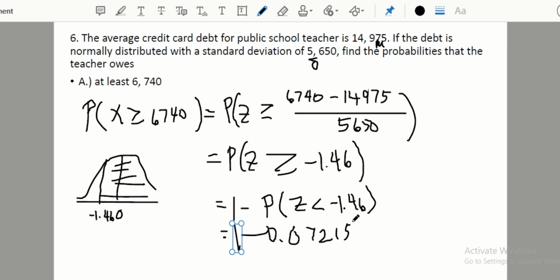So we have 1 minus 0.07215, which is 0.92785. So the answer is 0.92785. So the probability that a teacher owes at least 6,740 is 0.92785.